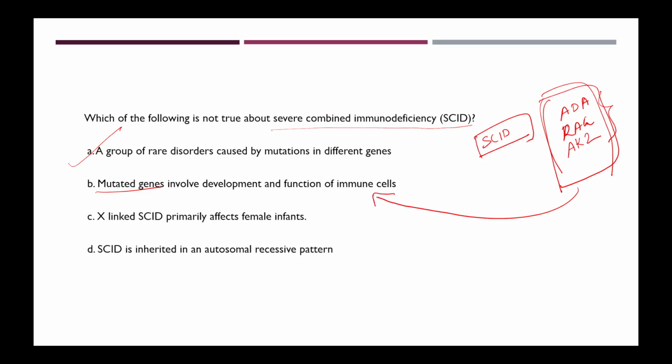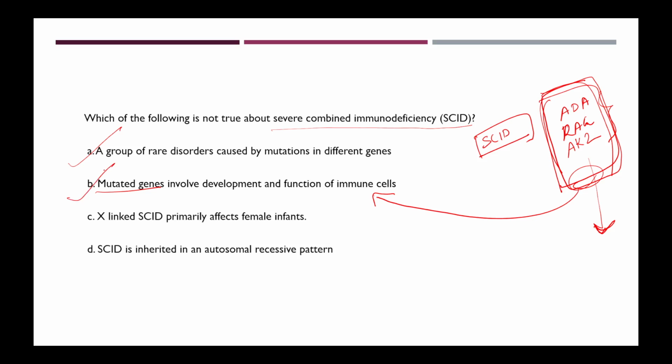Only this section of the genes is being referred to, so don't get confused. These mutated genes are involved in the development and function of the immune cells. It is not saying that after the mutation it is helping the development. No, that is not the meaning. I hope it is clear to you.